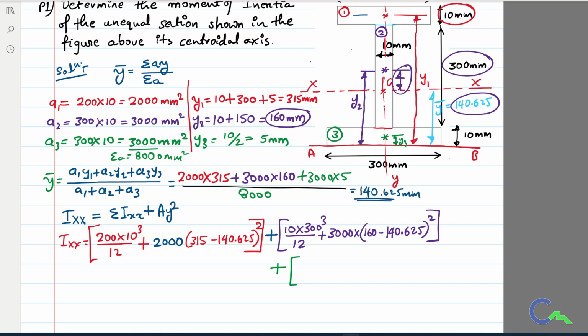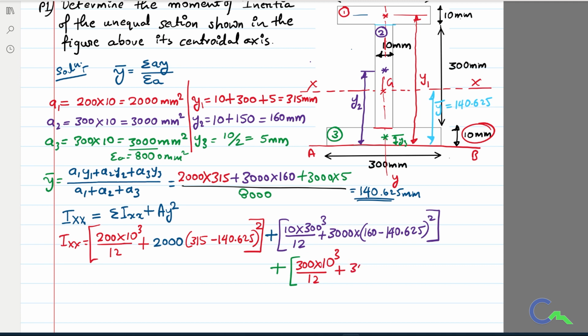Again we have the third figure, so I will add that one. For the third figure, b value is 300 into d value 10 mm, bd cube by 12, plus the area of the third figure, which we already calculated, 3000 mm square, into the distance from the centroid of the third figure, somewhere here, to the x-axis reference axis.